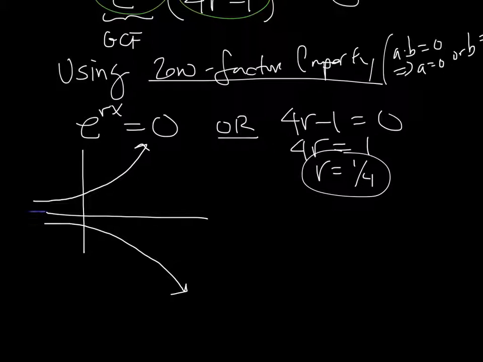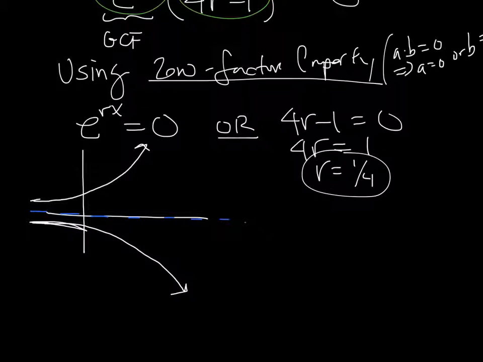The x-axis is a horizontal asymptote, meaning this value will decrease, but will never touch 0. So when does this function intersect this line? Well, they're never going to intersect because there's an asymptote there.